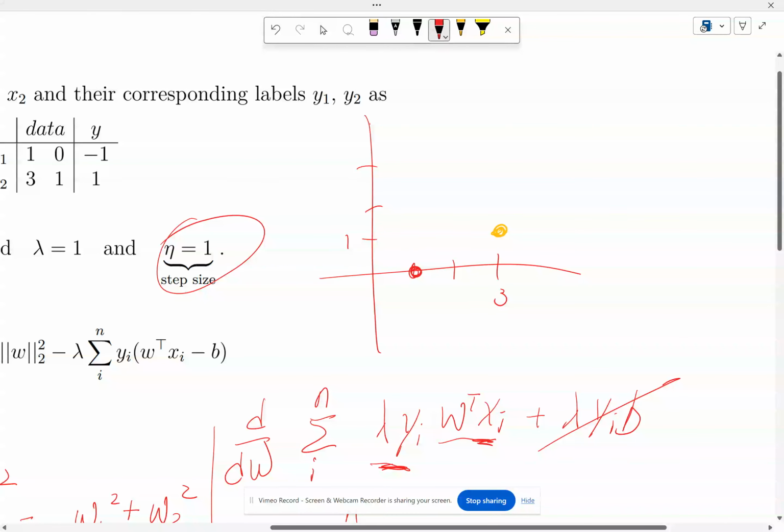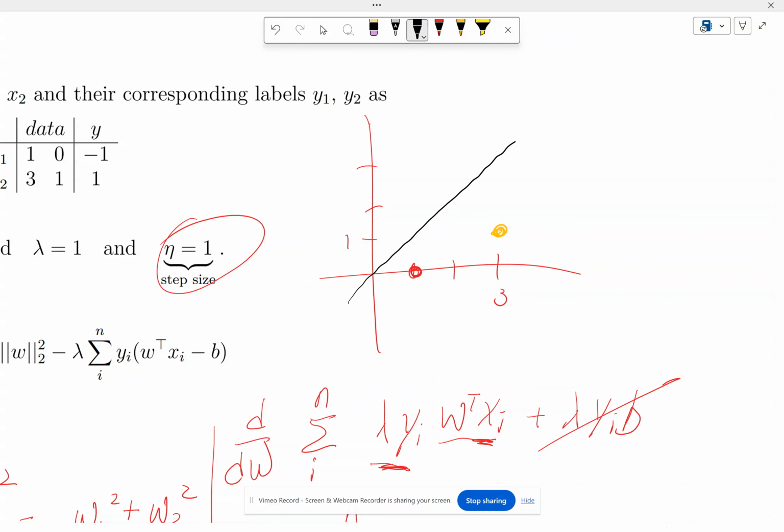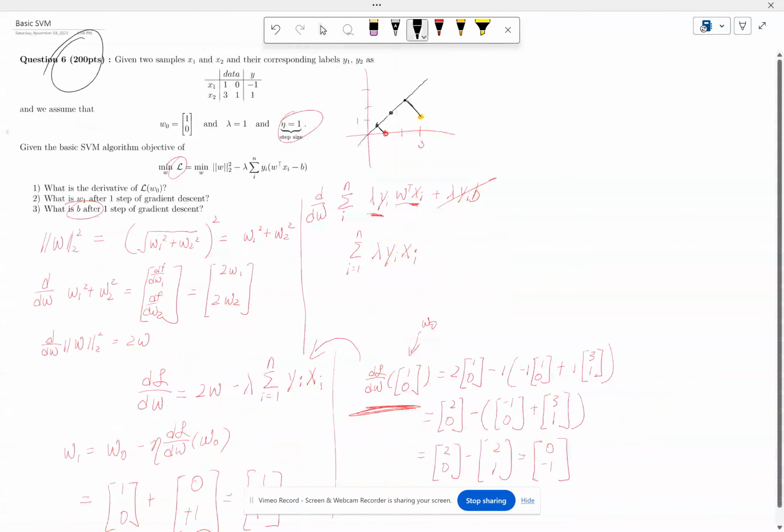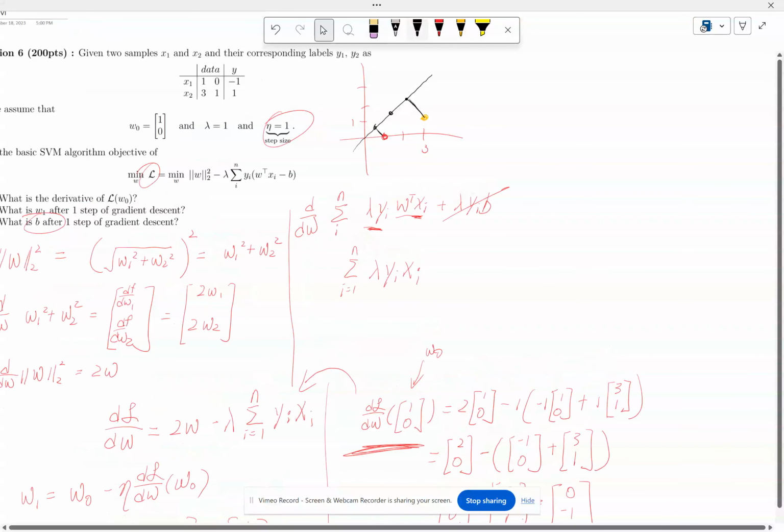The line looks something like this. After you do the projection, you find the middle point. So how do you find the middle point? You need to find this point, and you find this point, and then you need to find the center. So now you need to do a projection. This is why this point is worth 200 points. This one is worth a lot.